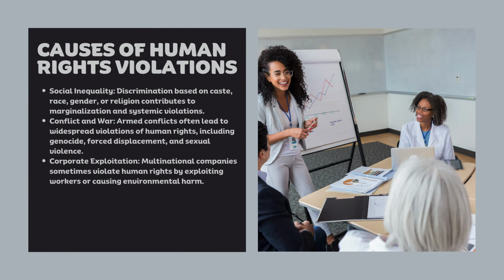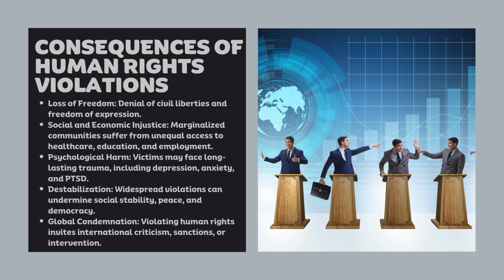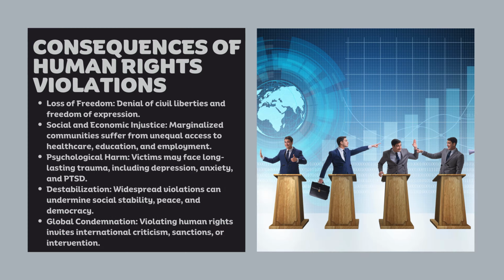Corporate exploitation. Multinational companies sometimes violate human rights by exploiting workers or causing environmental harm. Consequences of human rights violations: loss of freedom, denial of civil liberties, and freedom of expression. Social and economic injustice. Marginalized communities suffer from unequal access to healthcare, education, and employment.